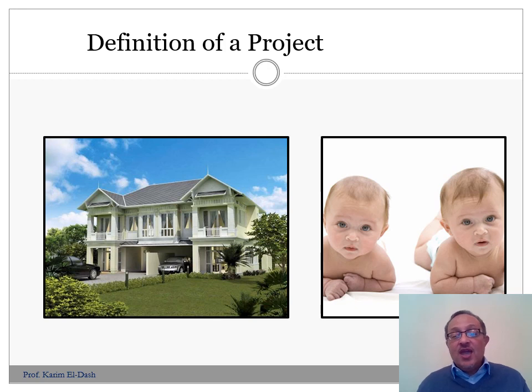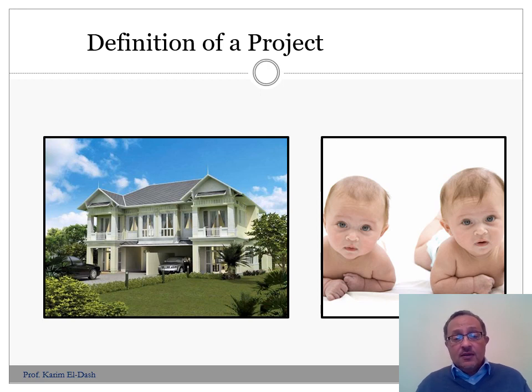By the end, we have different projects, as we have those two infants in front of us. The same if we are talking about twin buildings like villas, for example. We can see some differences like the facade of the villa, the direction of the villa, the people who are constructing the villas, and so on.